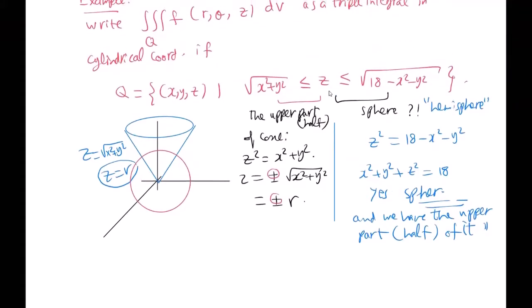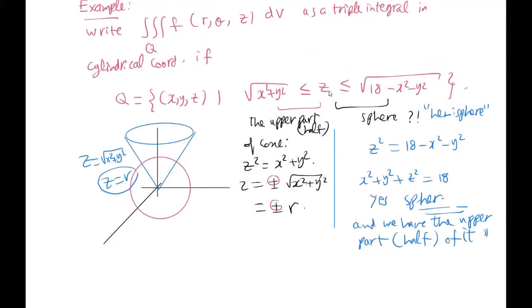So what are we speaking about? This solid between... where is the solid? He says Z is between. Z is bigger than this cone. This is the equation of the cone. Z is up over this cone and lower than this hemisphere. We don't need all of this sphere, by the way; we need only this part of it.